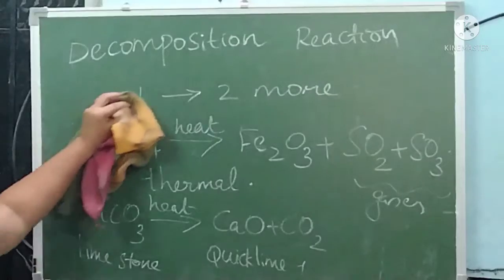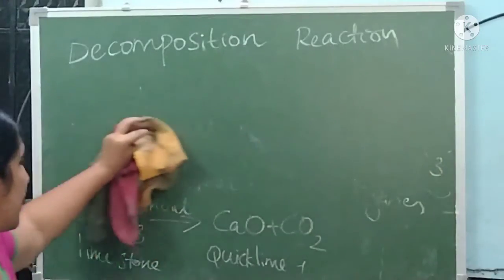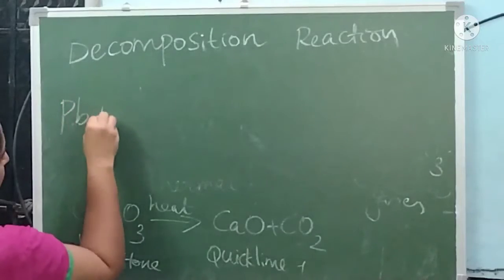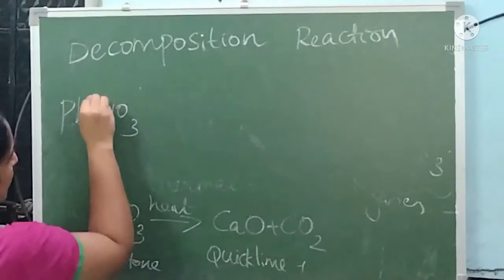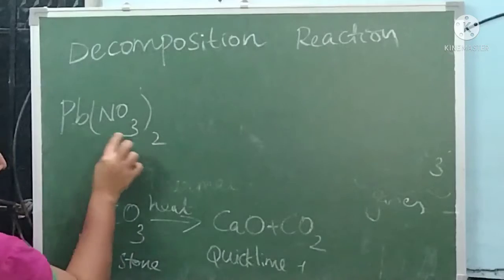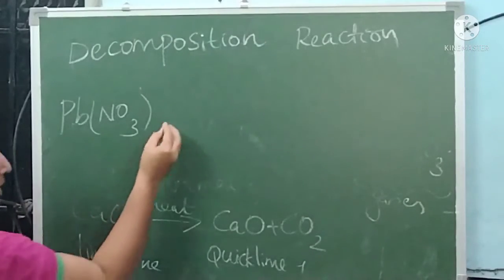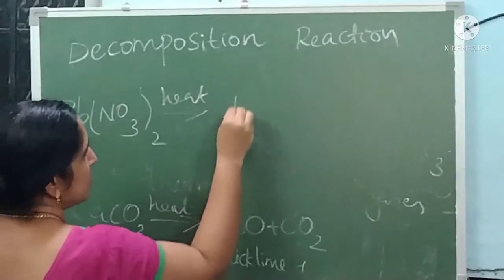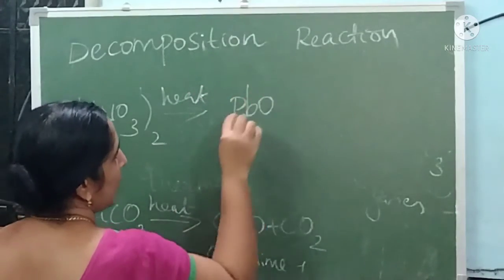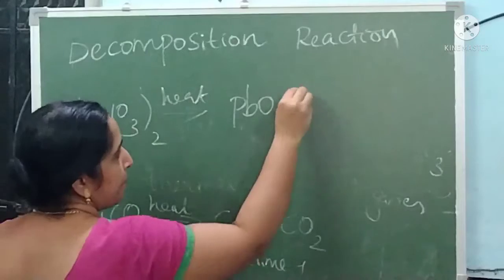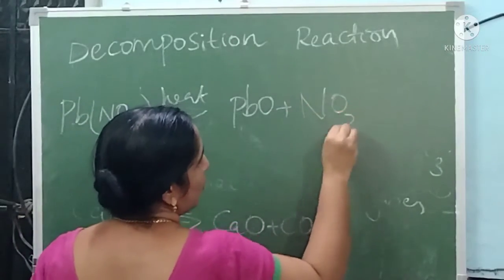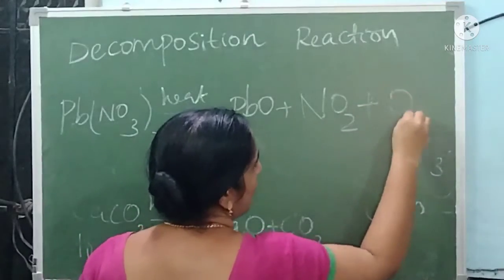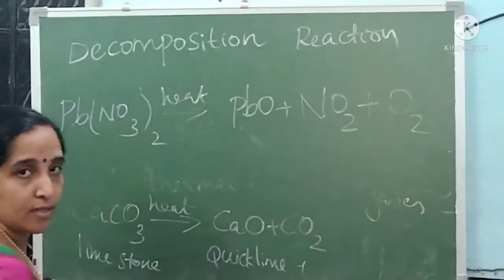Another important example for this decomposition reaction is Pb(NO3)2. Pb(NO3)2 is called lead nitrate. Lead nitrate reacts with heat to produce PbO, lead oxide, plus NO2, nitrogen dioxide, plus O2, oxygen gas.